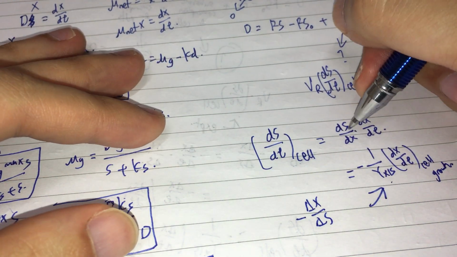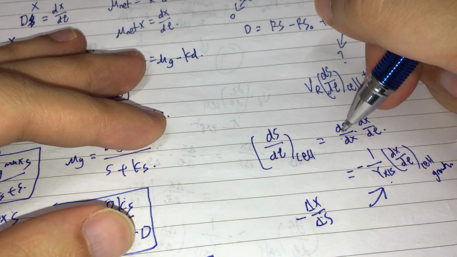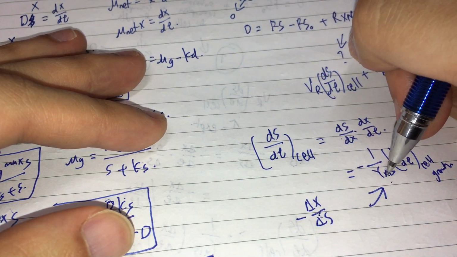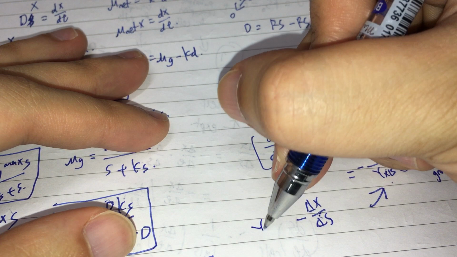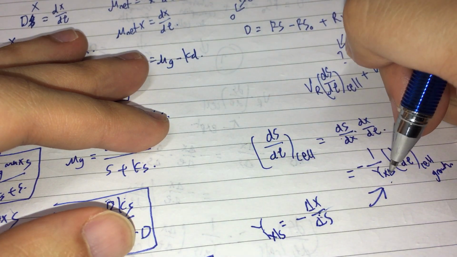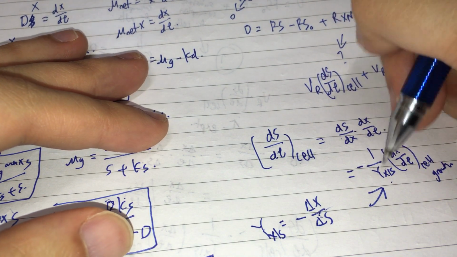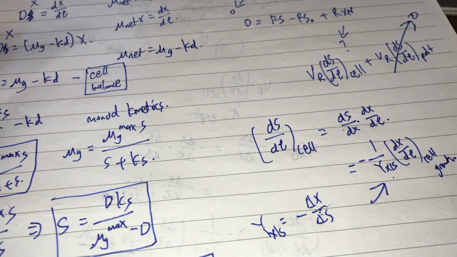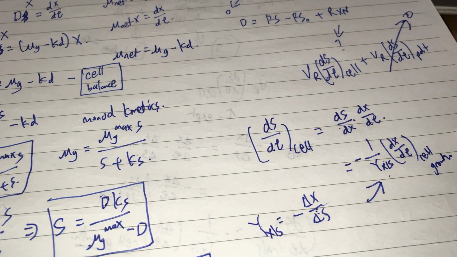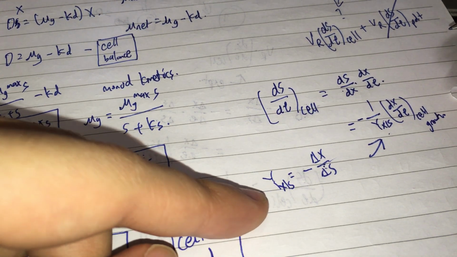So we're just replacing this term, so this Y x by s is just this term, and we'll rearrange this into 1 over Y, subscript x by s.